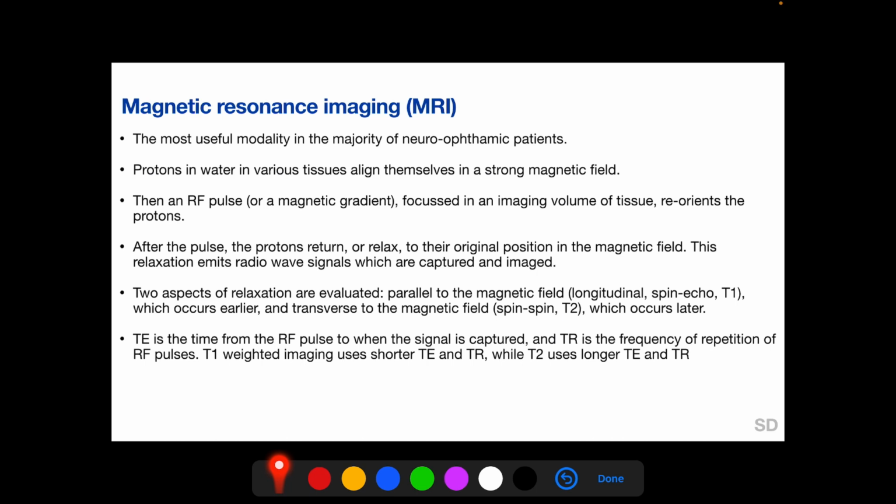TE is the time from the RF pulse to when the signal is captured, and TR is the frequency of repetition of the RF pulses. T1 weighted imaging uses shorter time to echo and shorter time to repetition, while T2 uses longer time to echo and longer time to repetition, and we can have various combinations of either TE and TR.